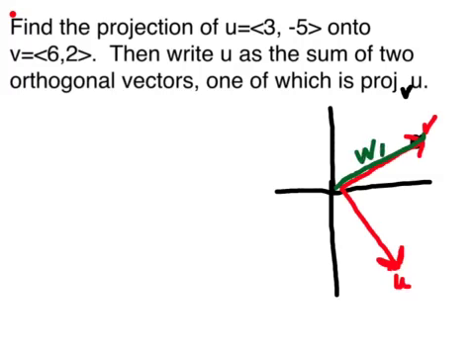Now, looking at this visually, I've got to have the perpendicular vector to W1. So maybe I could draw W2 from W1 like this. I'm going to join it to the endpoint of u, and just drop a perpendicular line down like this. And so this vector would be W2.